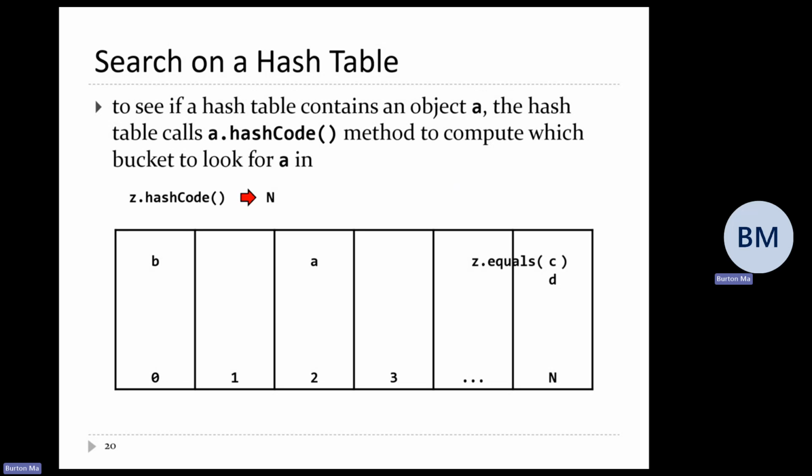The answer is no. Is Z equal to D? The answer is no. Are there any more items in the bucket? The answer is no. Therefore, the hash table says it does not contain Z. So it returns false.